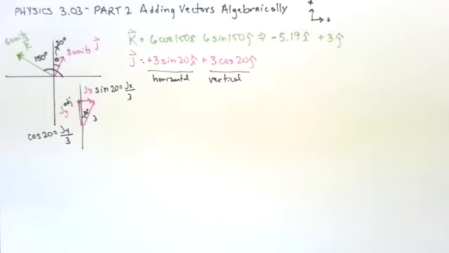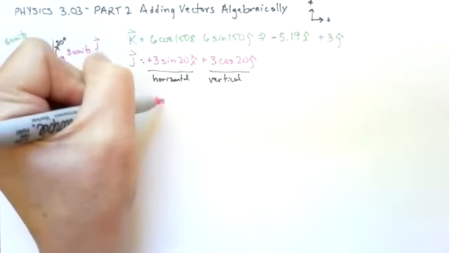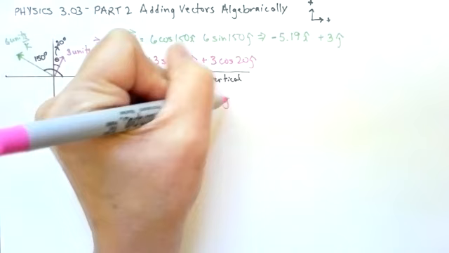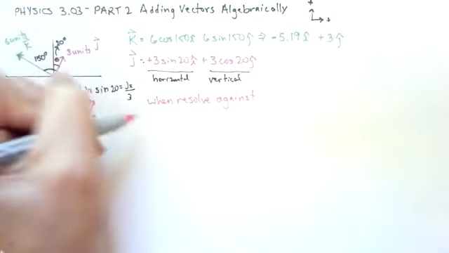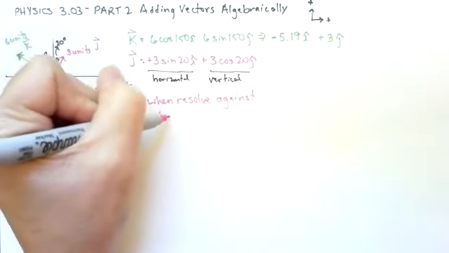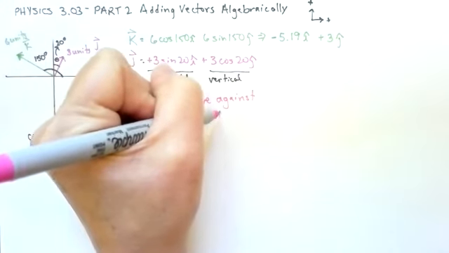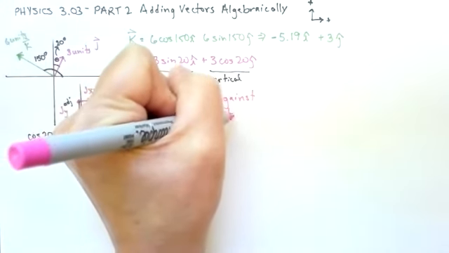So the moral of the story is when you resolve against the vertical axis, your trig functions flip.